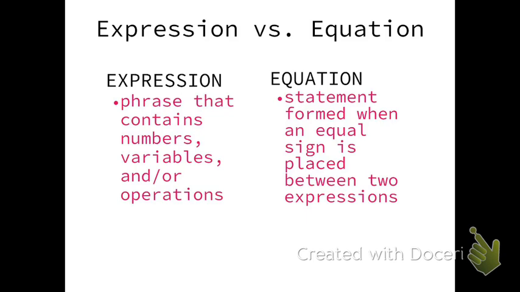An expression is just a phrase in algebra that can contain numbers or variables or both, and operations. Remember, operations are addition, subtraction, multiplication, division, square roots, squaring, that sort of thing. And then equations are when you take two expressions and you relate them to each other with an equal sign.